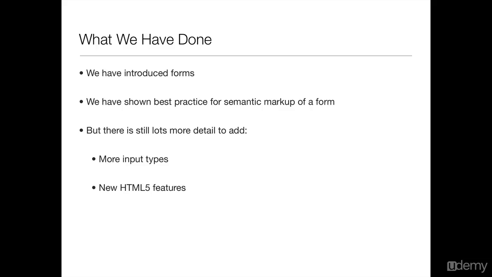There's lots more detail to add, there's more input types, and there are some more HTML features. So forms are getting a lot of support from HTML5, although the implementation of that support in the various browsers is not yet consistent, but both of those things I'll come back to in the next chapter.